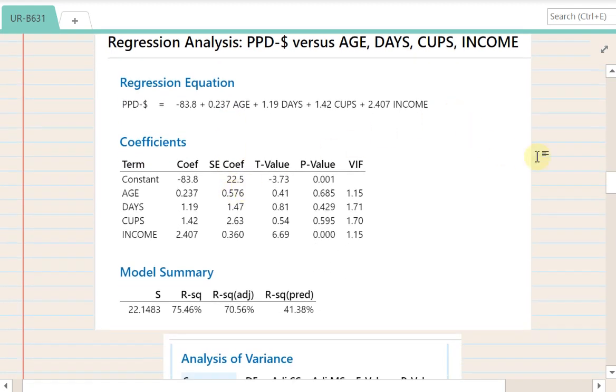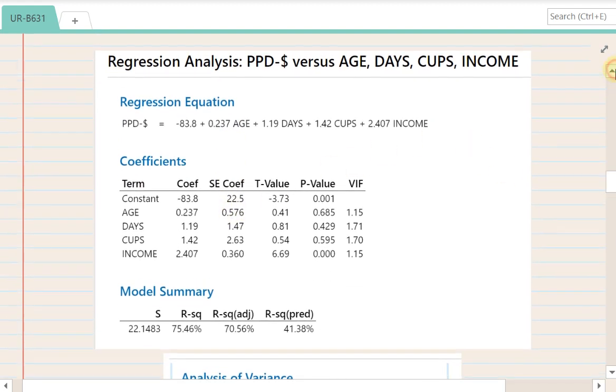Most of these are familiar to us because we've come out of chapter 7 when we talked about regression. So this is the regression analysis of prepaid amount versus age, days, cups, and income. This is the actual regression equation: negative 83.8 plus 0.237 times age, plus so on and so forth.